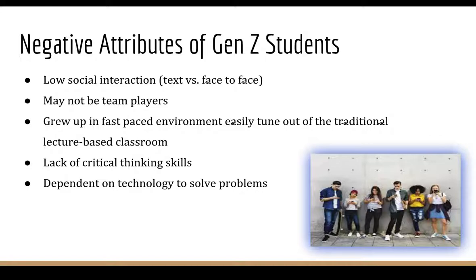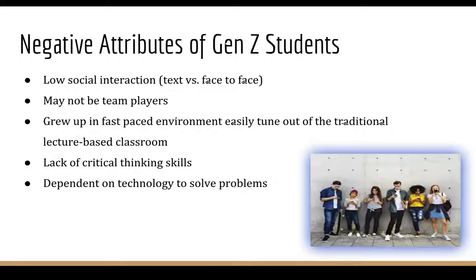Now Generation Z is getting used to using technology to learn in their classrooms. However, this means that they are easily tuned out when it comes to having to use pencil or paper or a book because they're not used to that, which also leads to a lack of critical thinking skills.